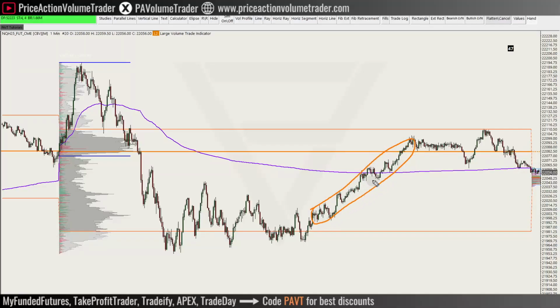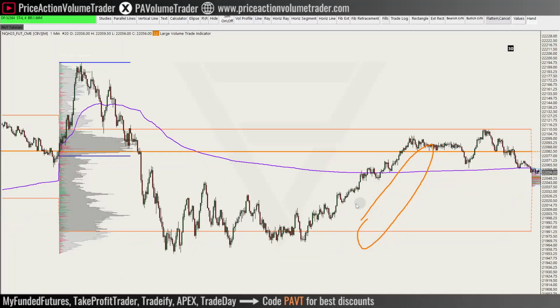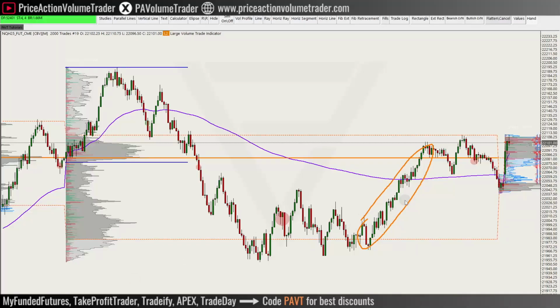We got these tiny candles with very small bodies, like a creepy crawler up. Whereas if we look at this on the 2000 tick, look how much cleaner this is. And obviously, we're talking about a 1 minute chart. If we put this in a 5 minute, we would have even less detail to work with.